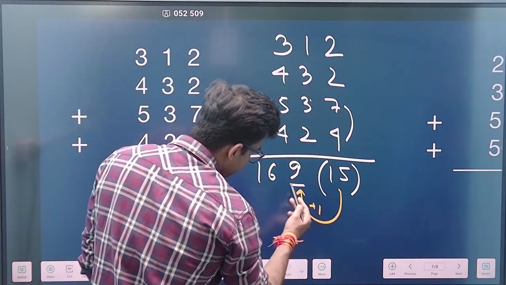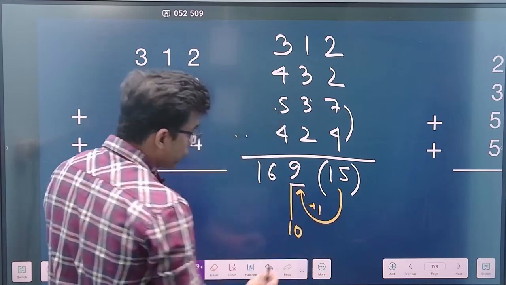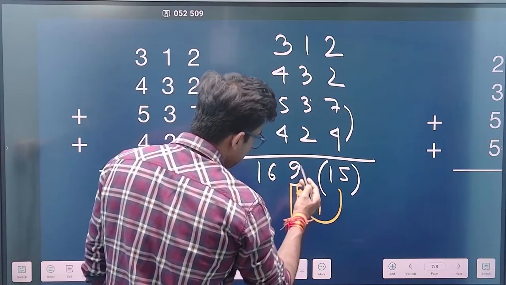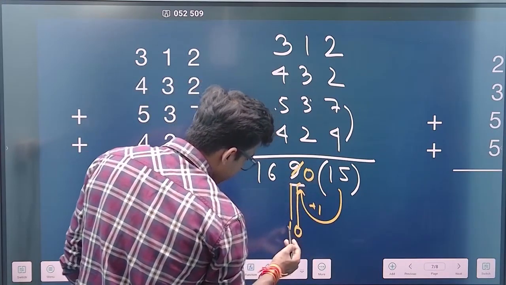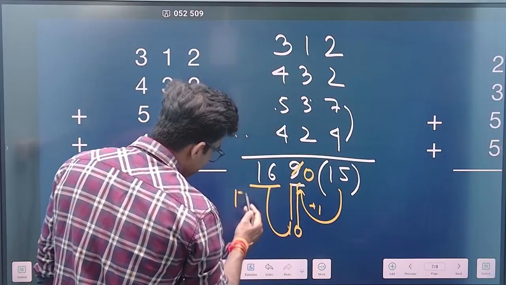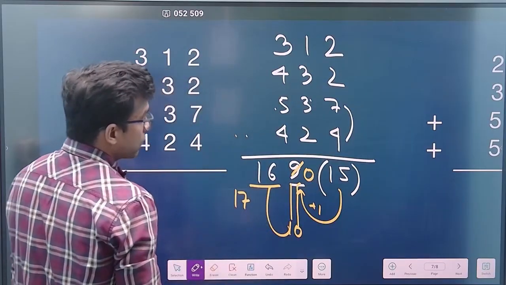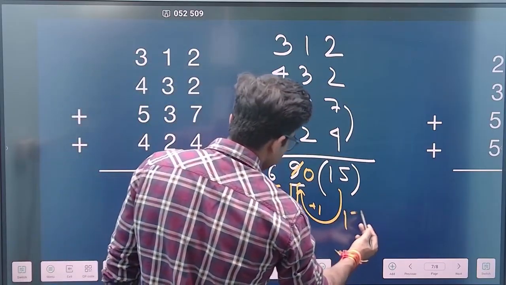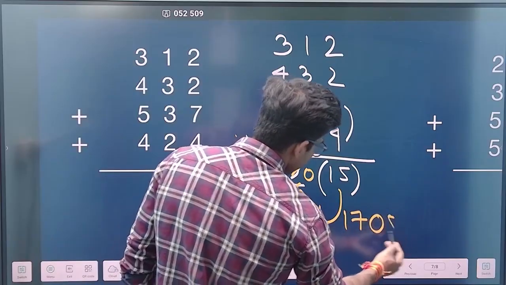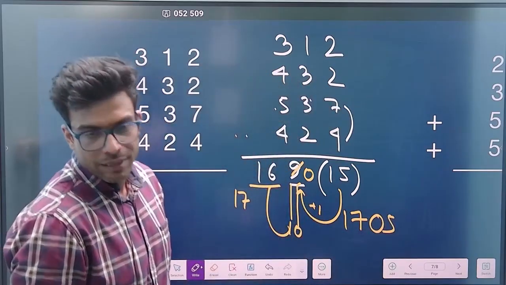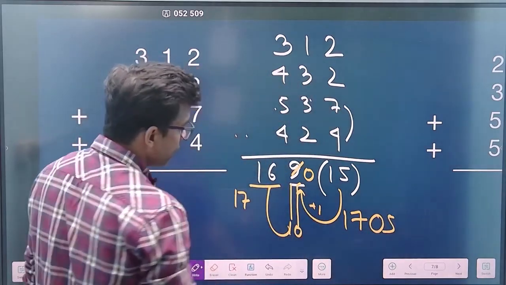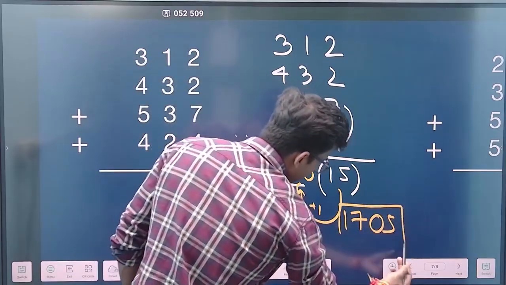Plus 1 here, this becomes 10. Of 10, this would be 0, and this 1 will go here, and 16 becomes 17. So my answer would be 1705. I hope you are getting this.